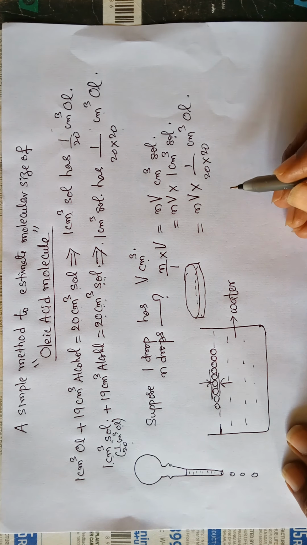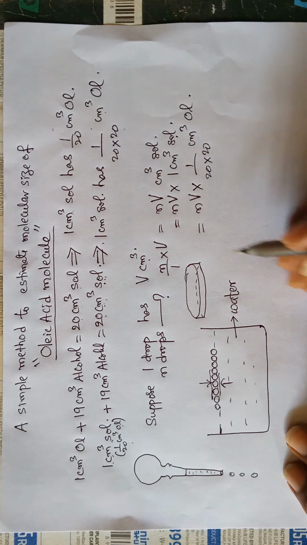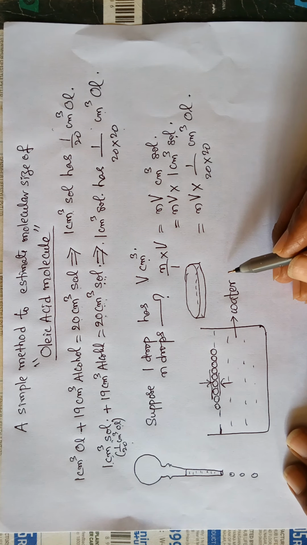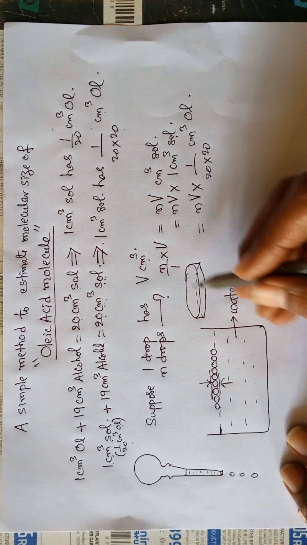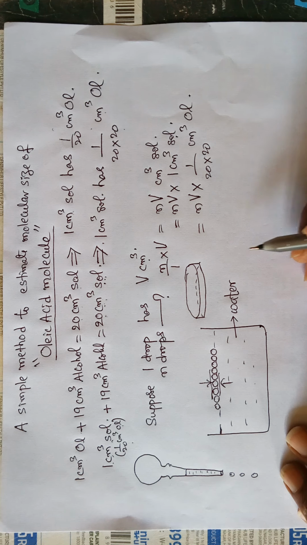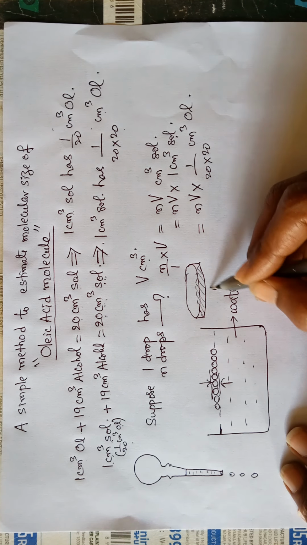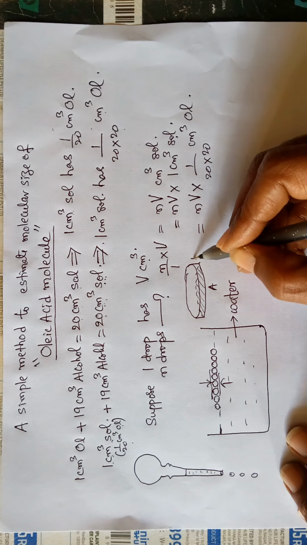So this is nothing but a cylinder. What is the formula for the volume of a cylinder? Base area into height.